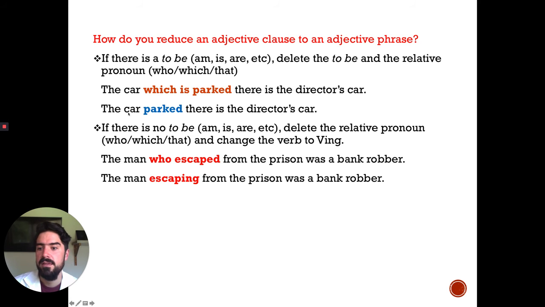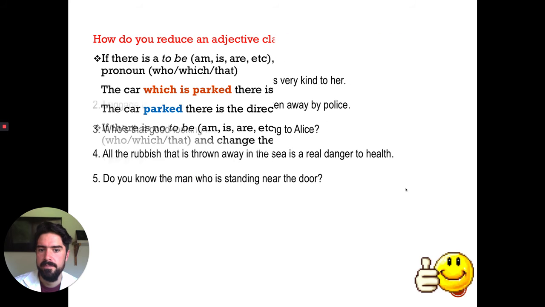I can say the car parked there is the director's car. Okay? And if there is no to be, delete the relative pronoun who, which, or that and change the verb to verb plus ing. So, the man who escaped from the prison was a bank robber. The man escaping from the prison was a bank robber.